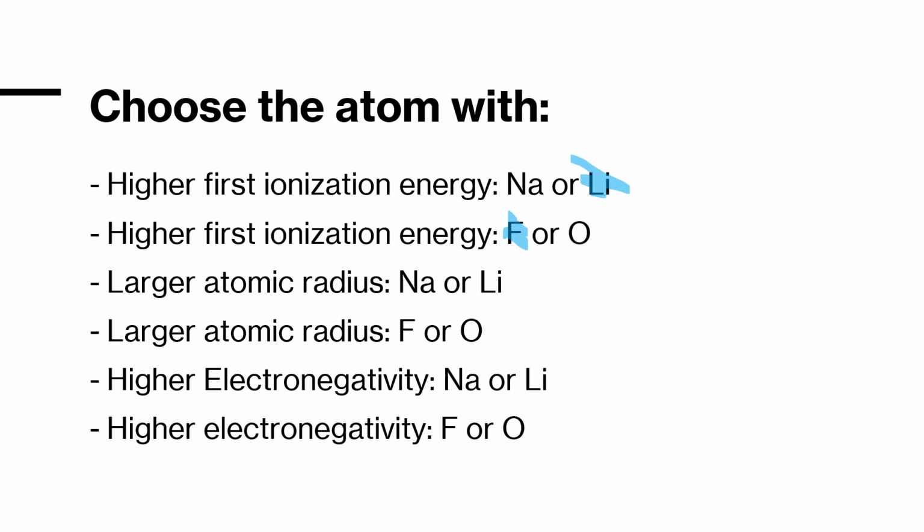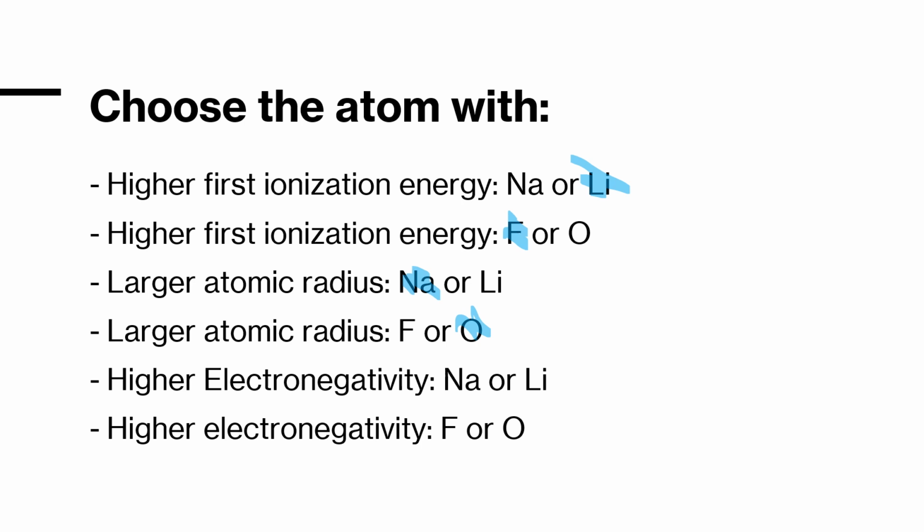Larger atomic radius, sodium or lithium, it would be sodium because it has one more orbital. Larger atomic radius, fluorine or oxygen, would be oxygen because there are less protons and less electrons for the attraction of the nucleus to the valence shell. Higher electronegativity, sodium or lithium.